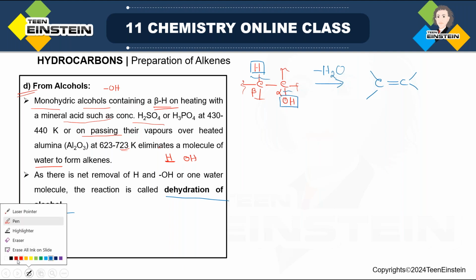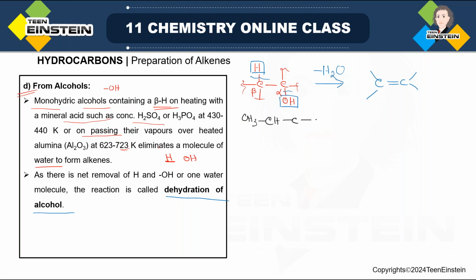Now if we take an example, suppose we have CH3, a simple symmetric type of structure you can take. In this case, see, this is the alpha position and this is the beta position.